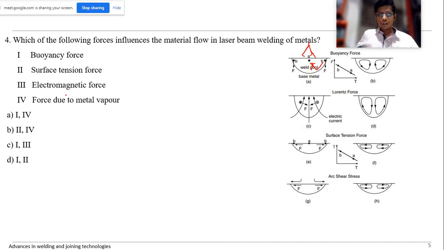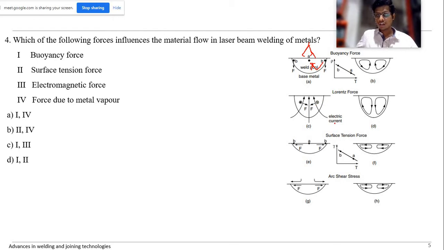Lorentz force. Basically, this is electromagnetic force. In laser beam welding, there is no electromagnetic force, right? But in arc welding or electromagnetic welding, there will be this kind of electromagnetic force, that is nothing but Lorentz force. From the right hand rule, we know this is the electric current, and this will be the magnetic field.